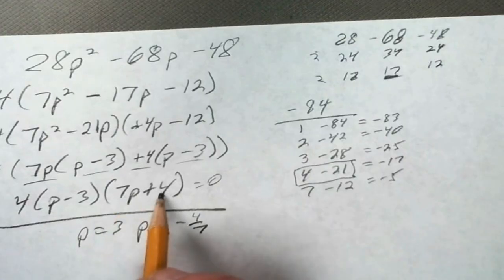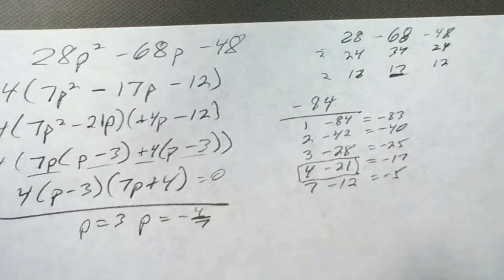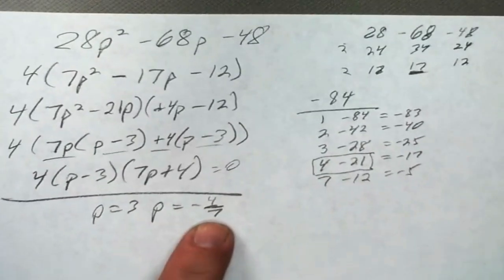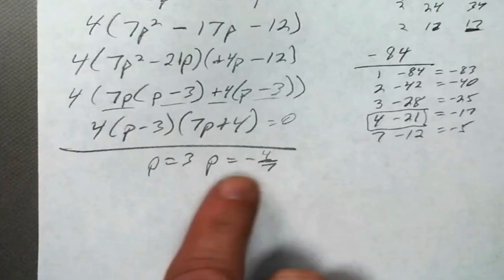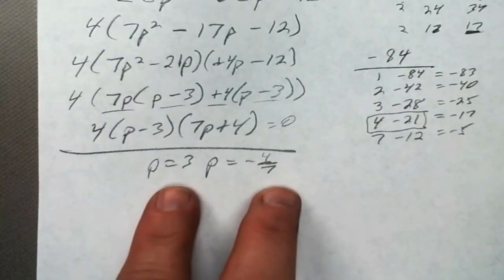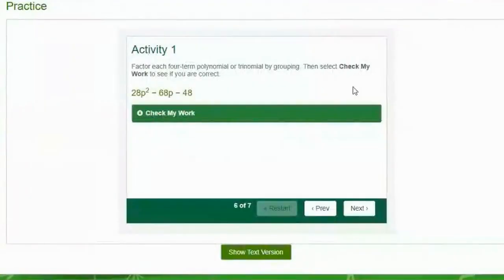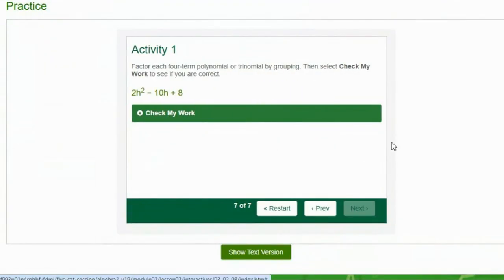Because 7p plus 4 equals 0, subtract 4, divide by 7. See, it doesn't have nice solutions, but one of them is. If you graph that, this is the places where it would cross the x-axis, if you change the p to x's and graph it. But we don't have to solve it right now. We're just factoring. But factoring helps us in our step to solving it.